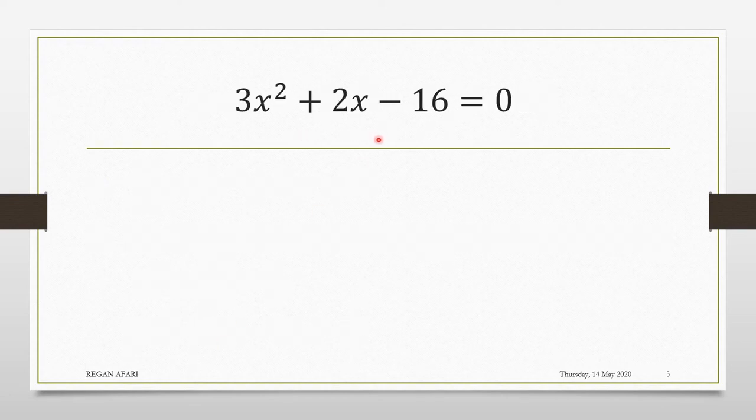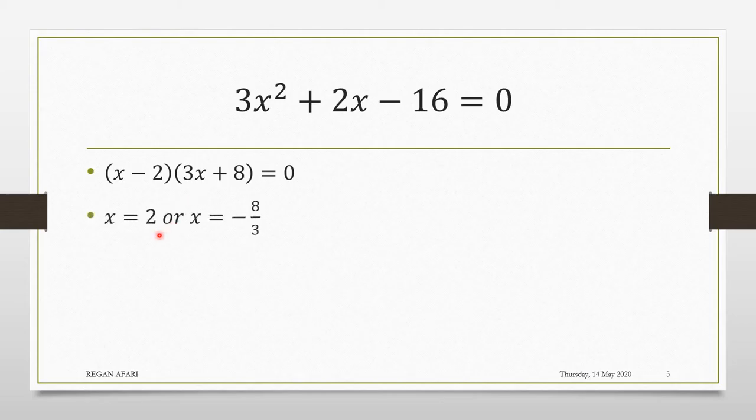Right, so I've repeated it for us. So when you solve this quadratic by means of factorization, or you might want to use the quadratic formula, or you might want to use completing the square, it's fine. Any approach that gives you the roots to this quadratic function is acceptable in mathematics.